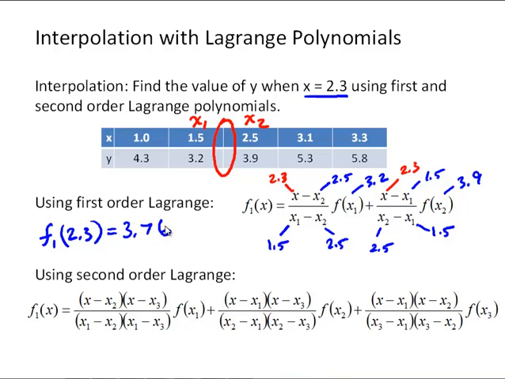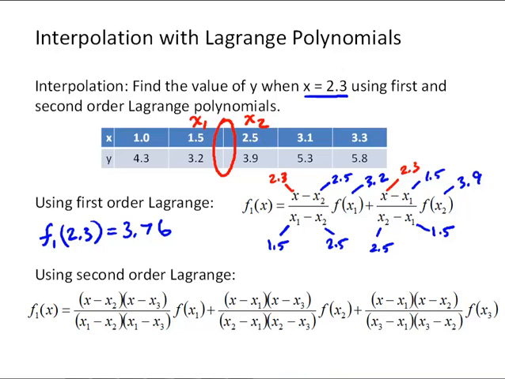Now, doing the same thing for a second order Lagrange polynomial, now we have 3 points. So the first thing we need to do is choose our 3 points. So let's look carefully. We have two choices. We can choose 1.5, 2.5, and 3.1, or we can choose 1.0, 1.5, and 2.5. And what we want to do is choose the closest 3 points.